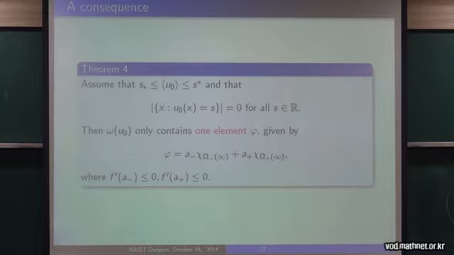So here we have a complete characterization of the asymptotic behavior of U of t.